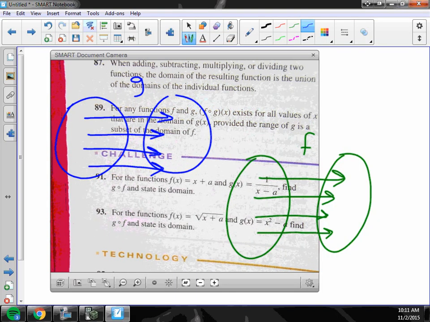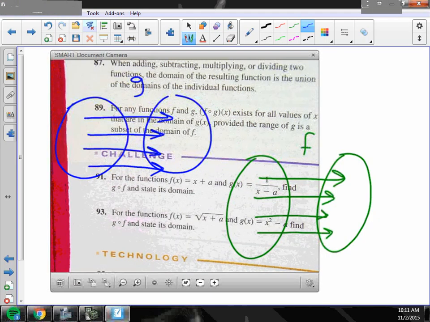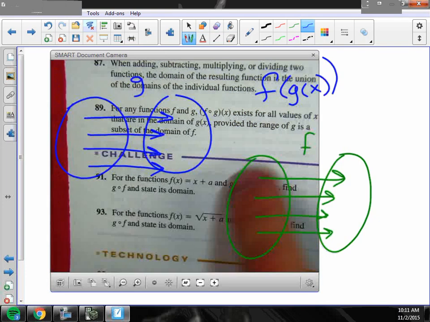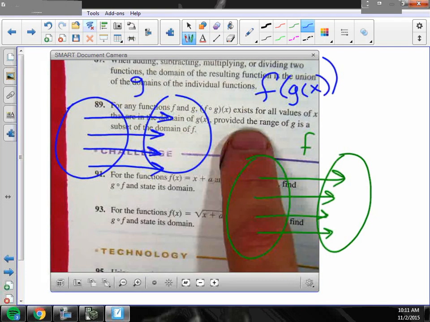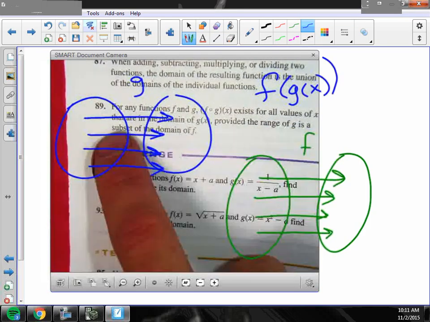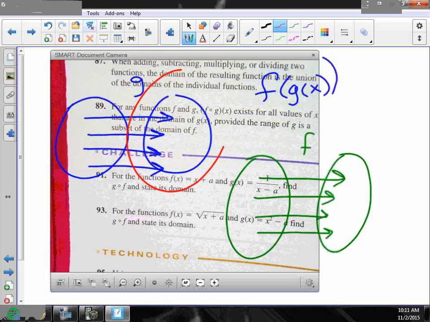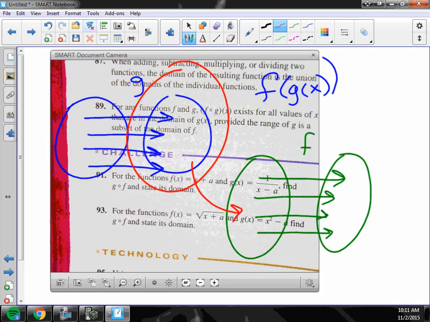So it says the composite function f of g of x. I'm going to write that as f of g of x. So we're allowed to plug g into f provided that the range of g is a subset of the domain of f. So this works as long as these values all show up over here.